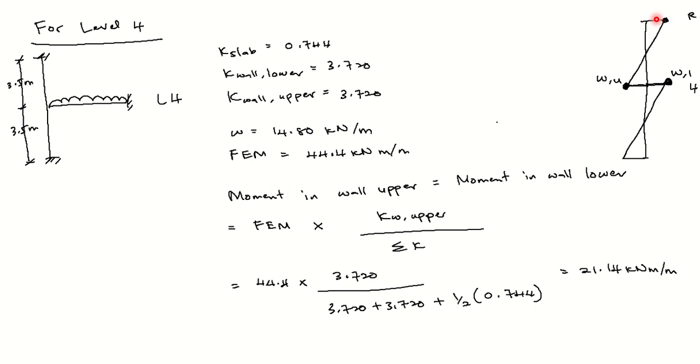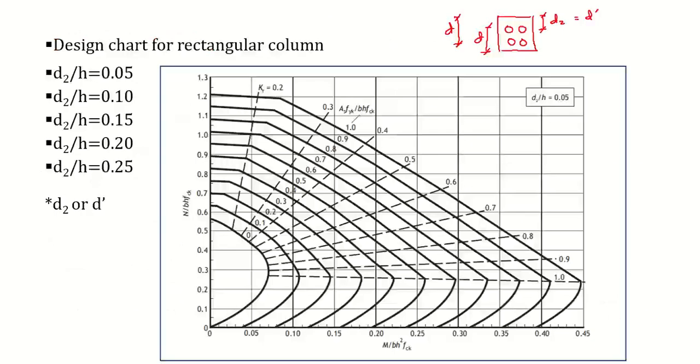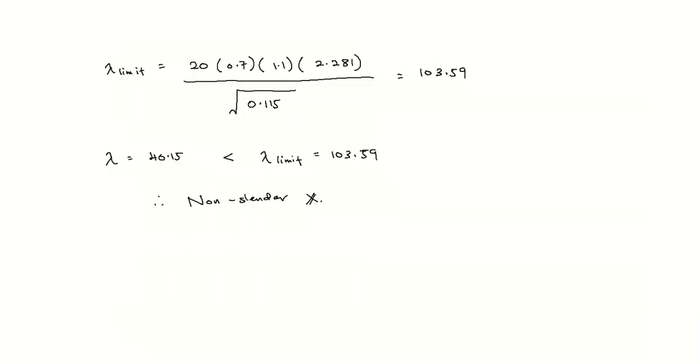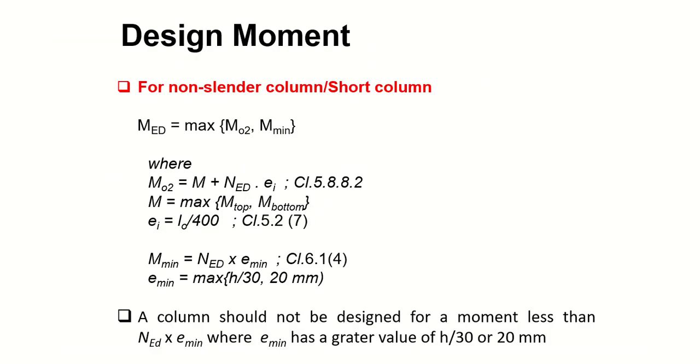if you still remember, when we are designing the main reinforcement, before that we need to calculate the design moment, right? And in the design moment here, M02 is the higher value of M. Alright, so the higher value of M for our case for level 4 here is M at roof, which is 24.